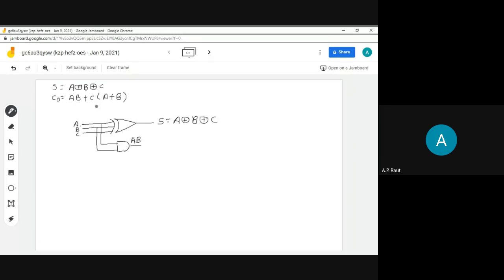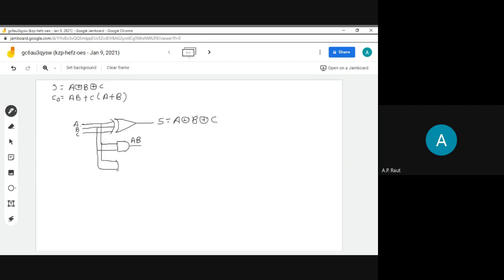Then next, what is the next term? We can write A plus B easily. First we create A plus B, then we can attach with C. So we continue A and again we continue B and write A plus B. Which gate is present between them?